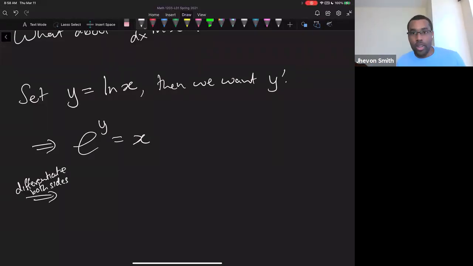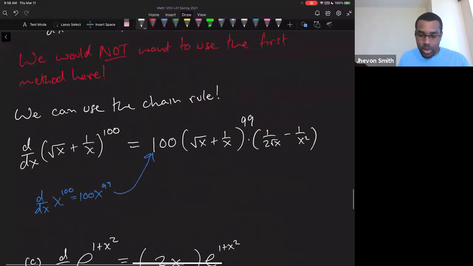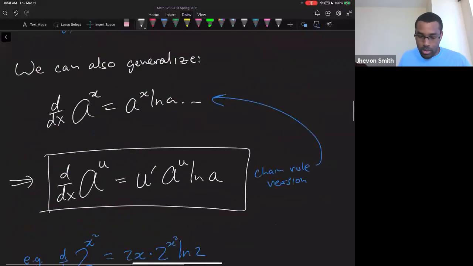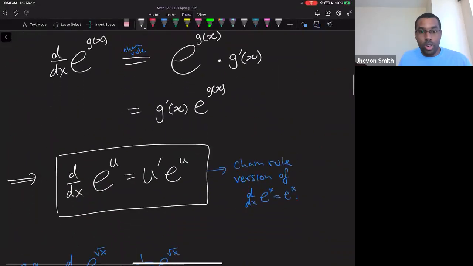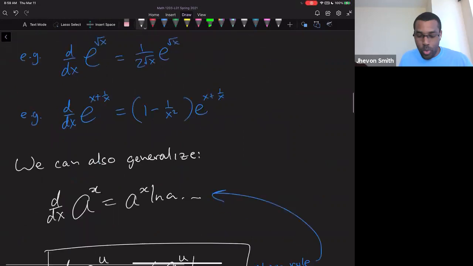Okay, now how do you differentiate e to the y? Well, notice that that is not x, which means we have a rule for that case, which I gave you up here. The derivative of e to the u is u prime e to the u, where that u can be anything, including y.